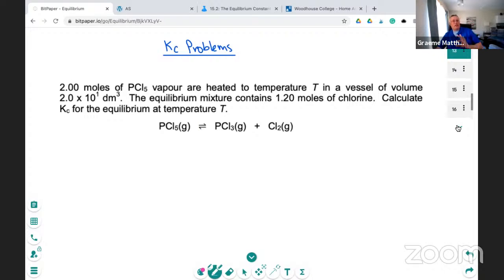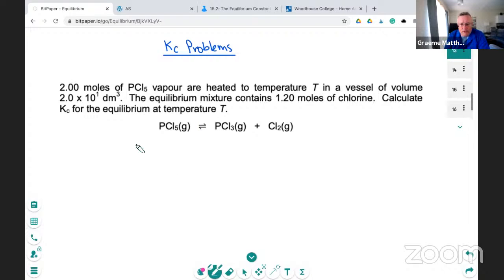The only thing that can change the value of Kc is a change in temperature. In a vessel of volume 2.0 times 10 to the 1 decimeter cubed, the equilibrium mixture contains 1.20 moles of chlorine. Calculate Kc for this equilibrium at this temperature.